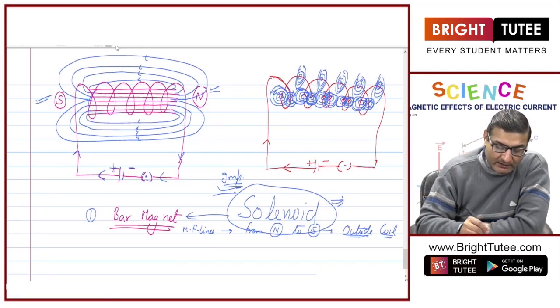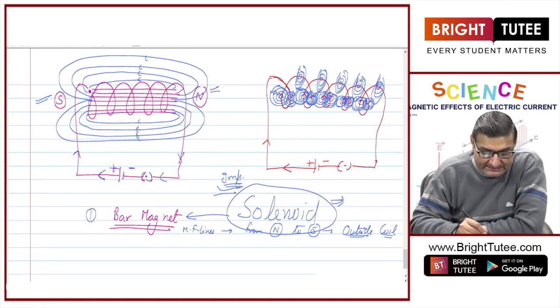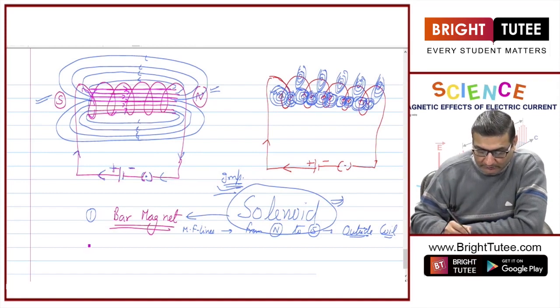Why? Because now you need to relate a very important thing, that inside this coil, the inside magnetic field lines, there are two important observations. One is the direction is from south to north.